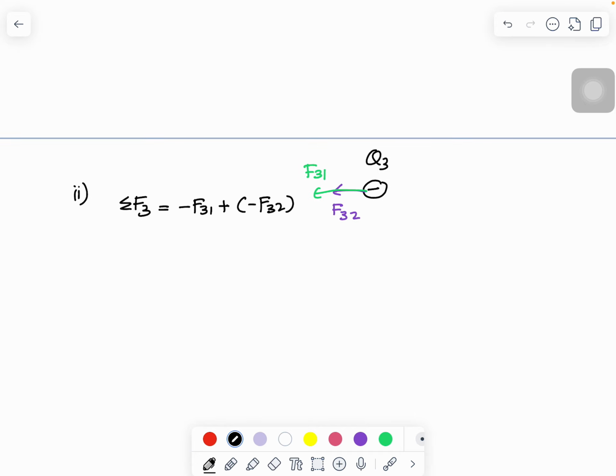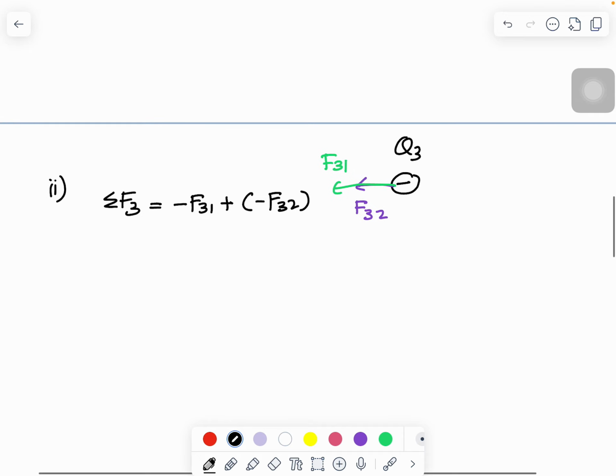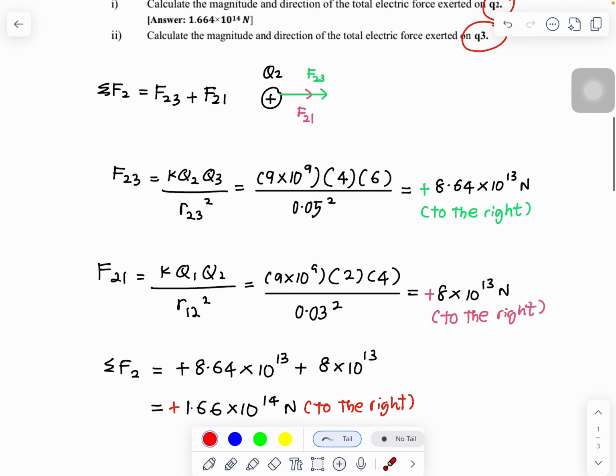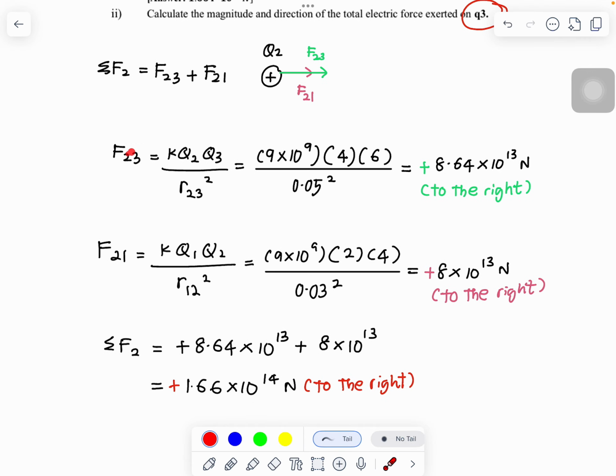Okay, so sama macam tadi, you calculate them separately first. F32, okay, F32 tadi kita sudah kira di atas, which is actually, remember, F23, F32, they have the same value but different direction, same magnitude, different direction.